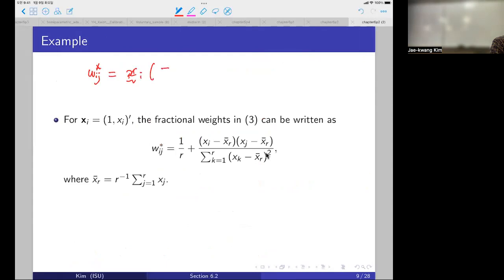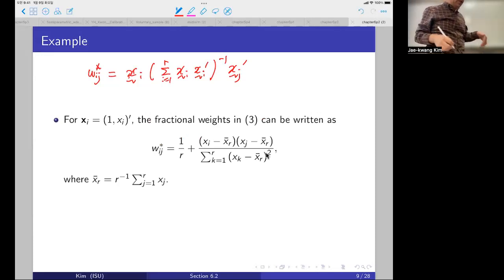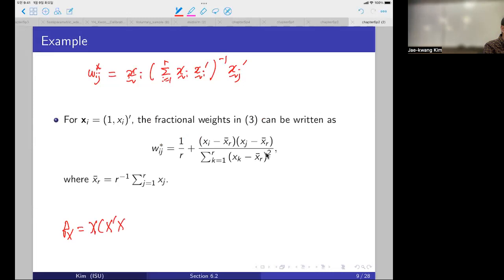So what is going on here, and how do you really do the simplification? One interesting part: if you are familiar with the linear algebra of the projection matrix, this is x prime x inverse x prime. So this is an element of the projection matrix essentially.